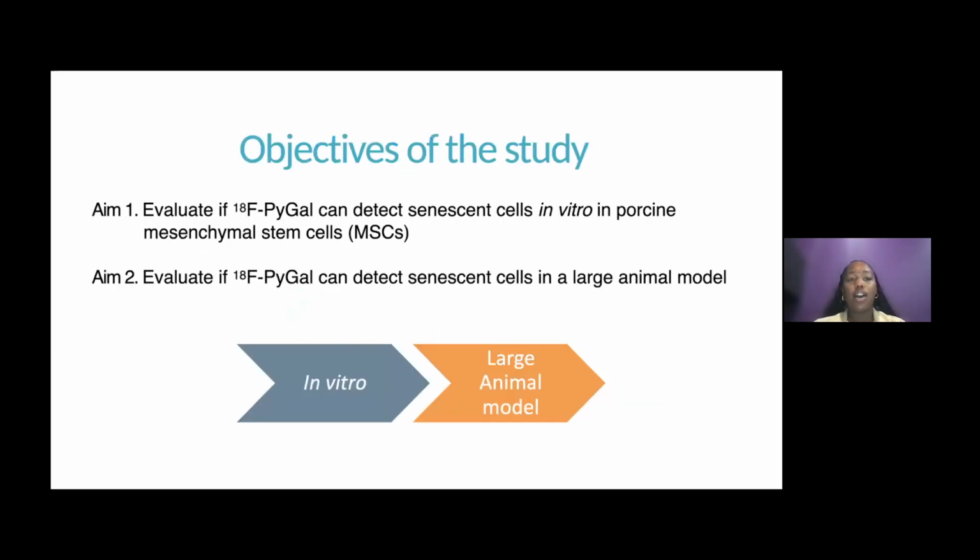In this study, we are testing the 18F PY-gal radiotracer in 2 different ways, in vitro and in vivo, which is using the large animal model. First, in the in vitro part, we will evaluate if the radiotracer can detect senescence using mesenchymal stem cells. And then we will move on to the large animal model, which are pigs.